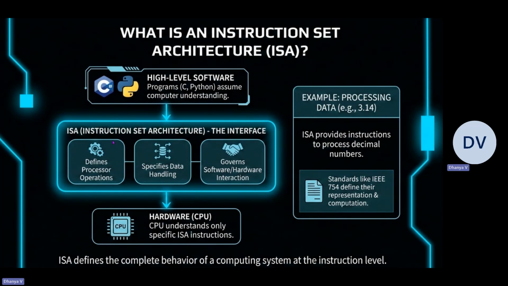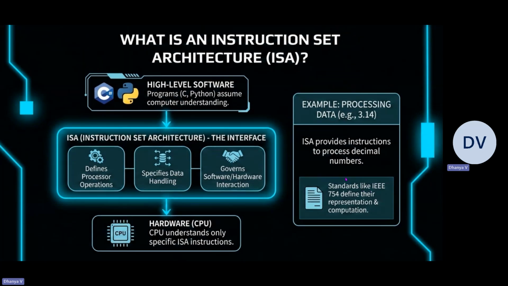So it acts as an interface between the software and the hardware. ISA defines the complete behavior of a computing system at the instruction level. As an example, for processing data, ISA provides instructions to process decimal numbers, which uses the IEEE 754 representation. Just a point I wanted to cover.